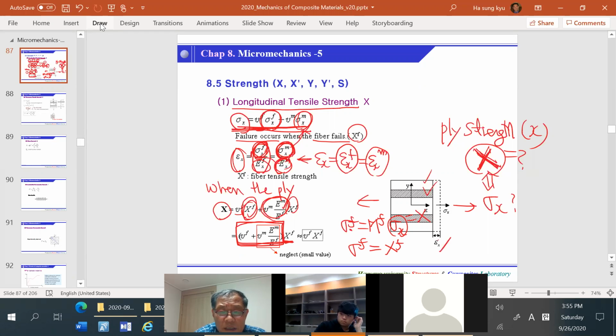So x is simply m11f divided by the xf. So this is the fiber strength, and this is the ply strength, simply divided by the m11f.